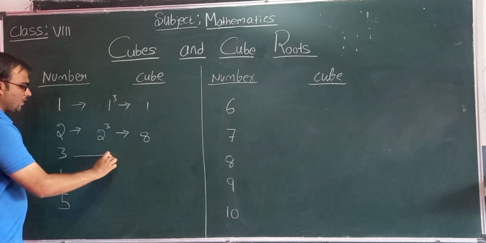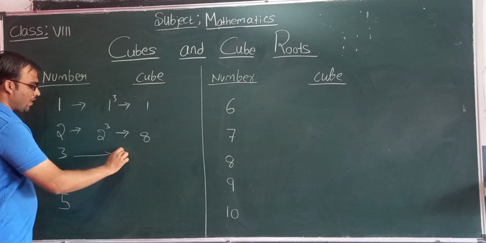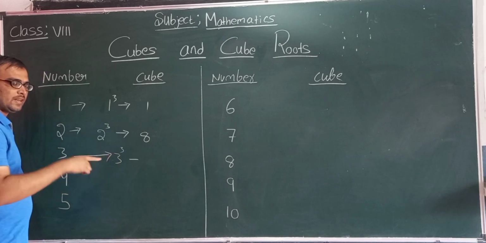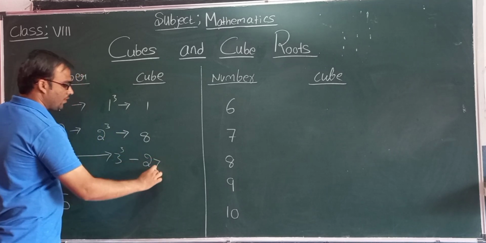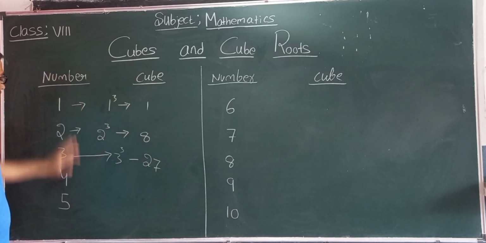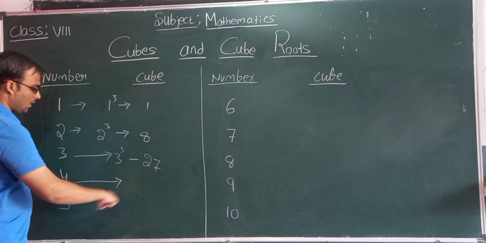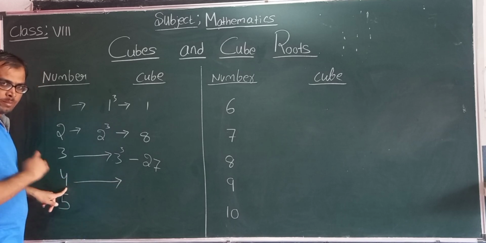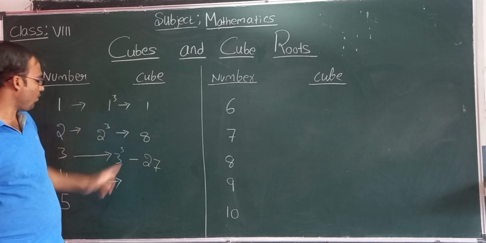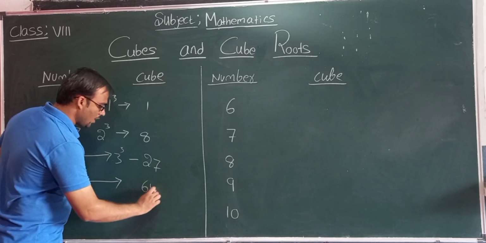In the same way, the value of 3 cube is what? 3 threes are 9, 9 threes are 27. Here we are writing cubes and here numbers. Now the number is 4. When we cube it, the value of 4 cube is 64.